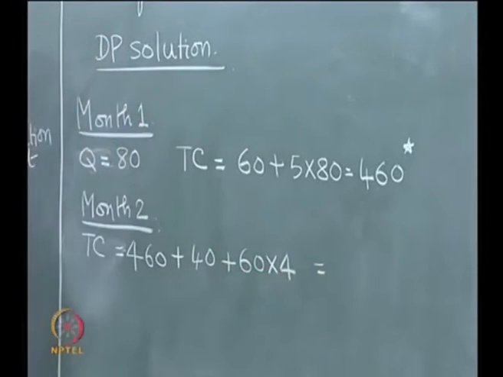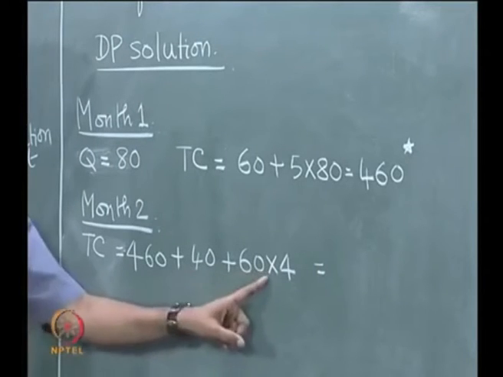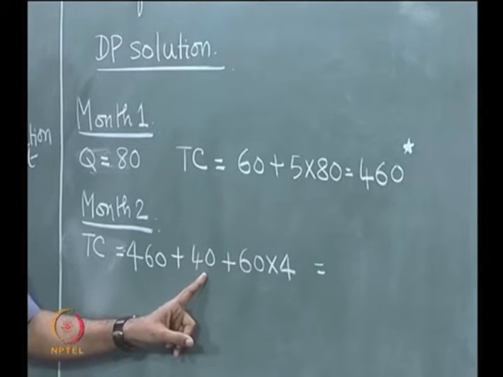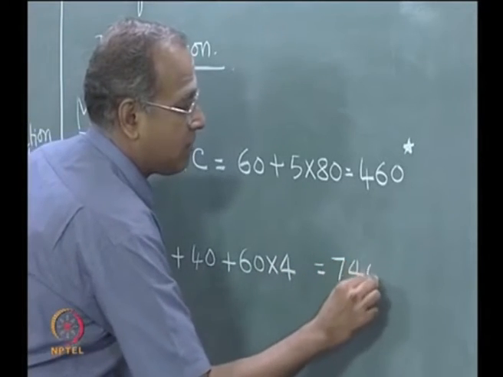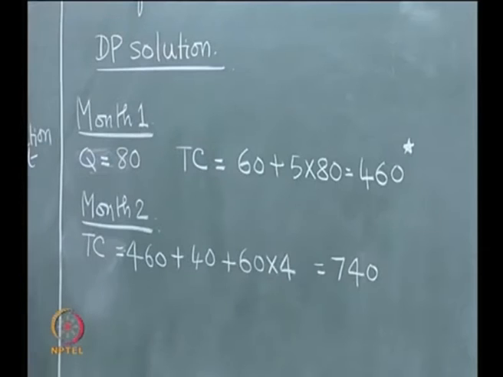So this gives a total cost of 240 plus 40 is 280, 340 plus 400, 740 is the cost that is associated with this solution.